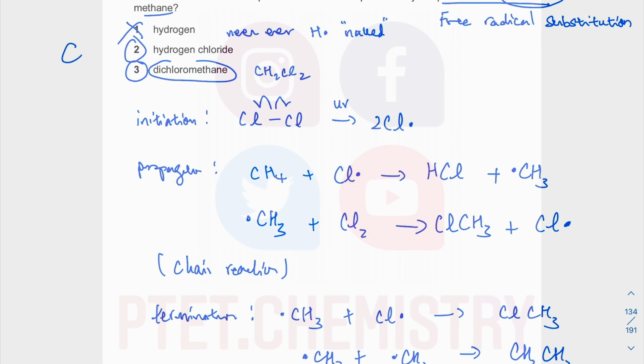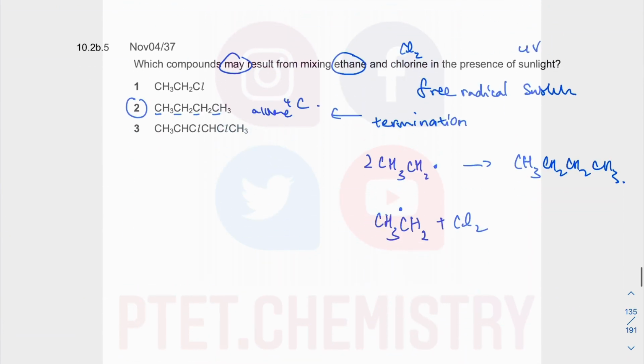You form the HCl, you get the radical on the carbon. Only then it reacts with the chlorine and gives you your first substitution product, your mono-substituted product. So this will have come from Cl dot plus the ethane molecule, giving you this and HCl. But I'm just showing you the propagation. So there will be CH3CH2Cl plus that. So that is a propagation step.